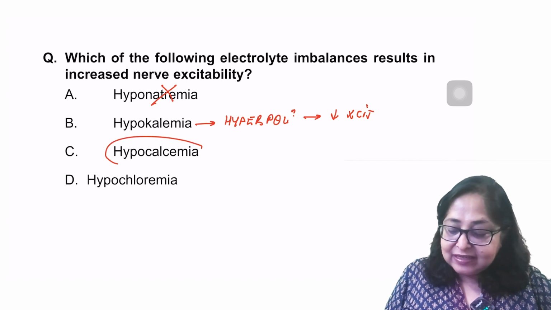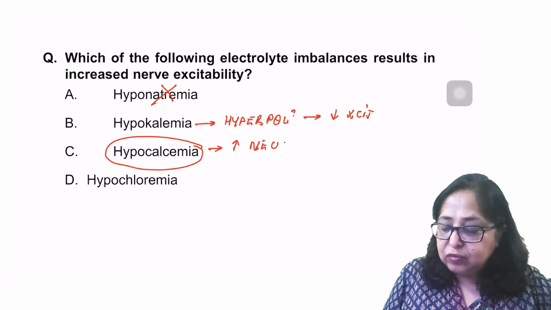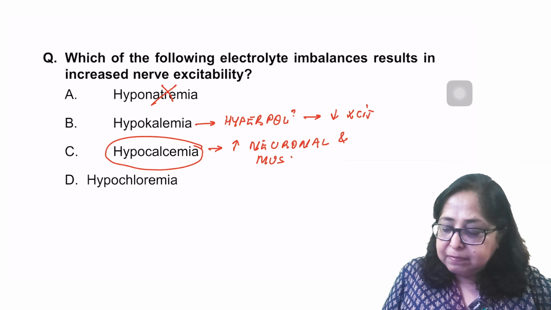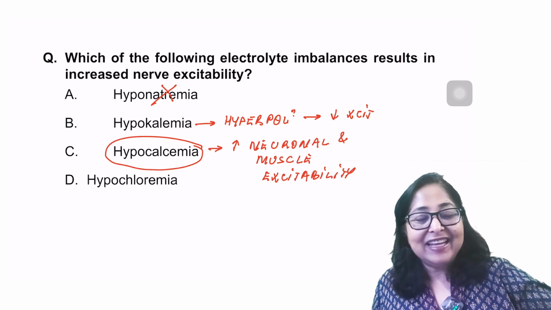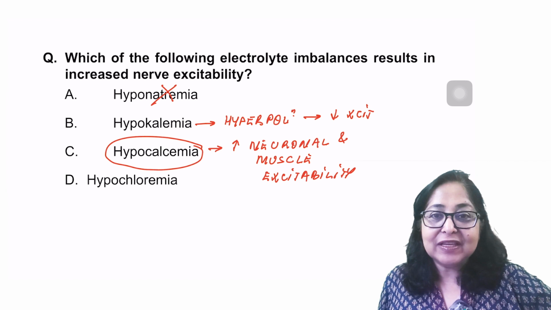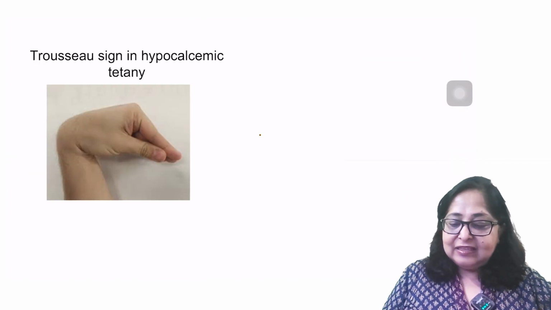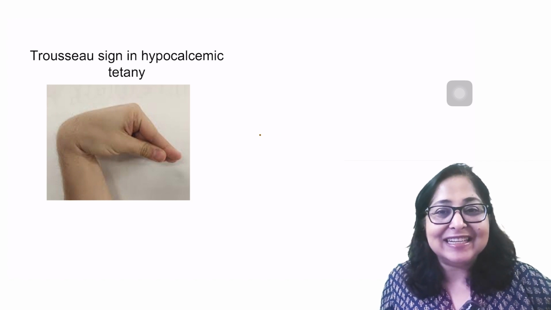Hypocalcemia, on the other hand, this increases both the neuronal and muscle excitability. That is why carpopedal spasms, which is known as the Trousseau sign, Chvostek sign positive, this is seen in hypocalcemia. This is the Trousseau sign, which is seen in hypocalcemic tetany.